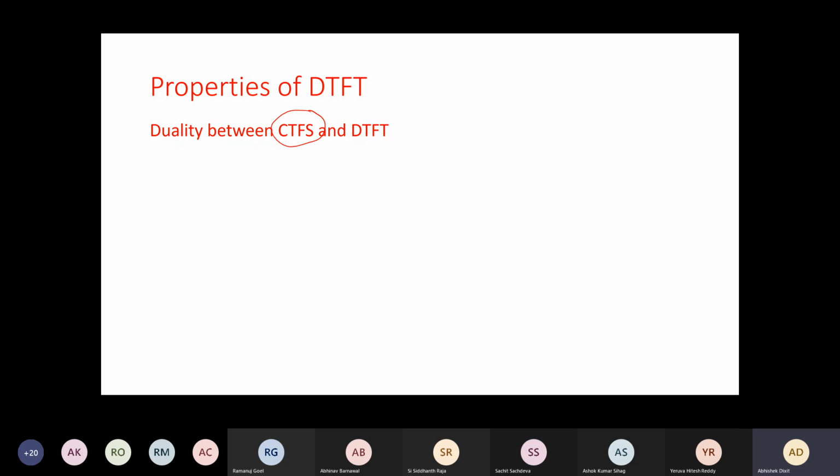Very strong duality. So remember in CTFS, we had periodic signals, periodic continuous time. And AKs in CTFS are aperiodic, discrete. In DTFT, if you look at Xn, aperiodic and discrete, X(e^jω), periodic, continuous frequency.